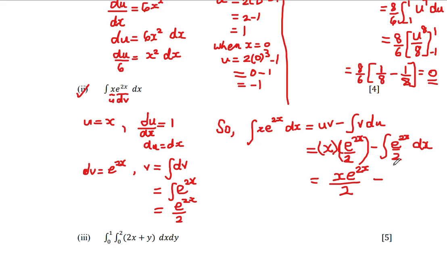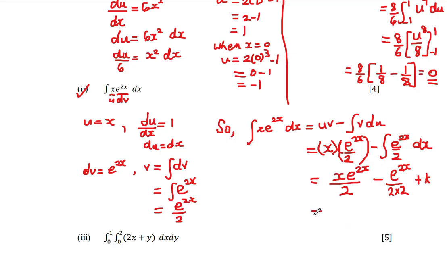So now when we go about completing this integral, the integral of e to the 2x upon 2 would become e to the 2x, and we're going to divide by the derivative of the power. The derivative of the power here, which is 2, we're going to divide by it, so I'm going to basically have 2 multiplied by 2 in the denominator, plus the constant of integration, which is c or k.